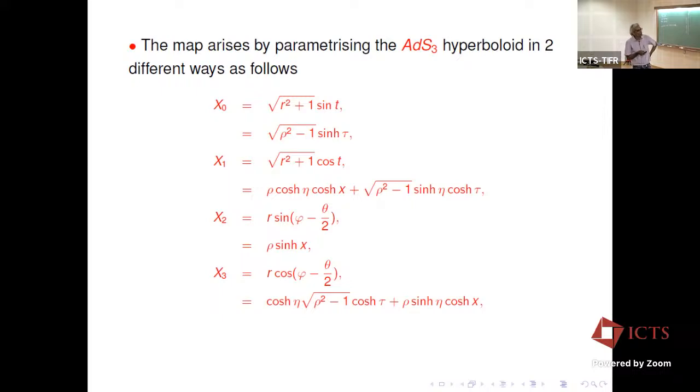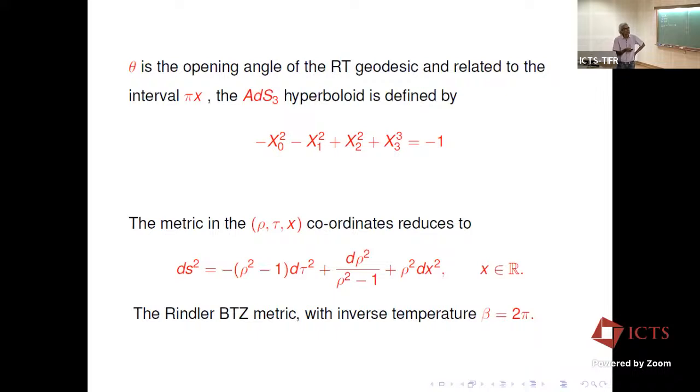I've boosted also by this eta parameter. I can explain the reason why. But these are the 2 changes of variables. You have the same hyperboloid, but you parameterize it in 2 different ways, and theta was that opening angle. Once in these AdS-Rindler coordinates, the metric looks like this. And there's a horizon here with temperature 1 over 2 pi.